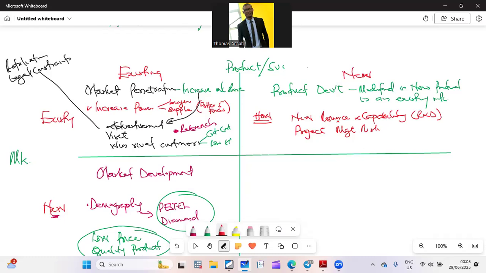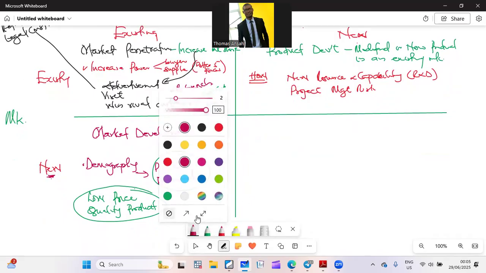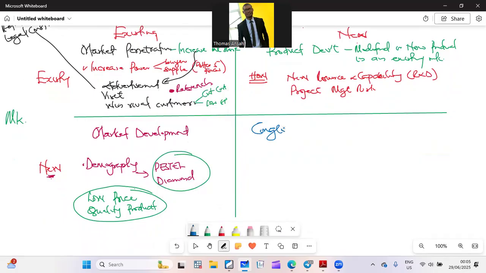Take note of that. But a new product in a new market, that is what we call conglomerate diversification. Unrelated conglomerate diversification. Purely unrelated.